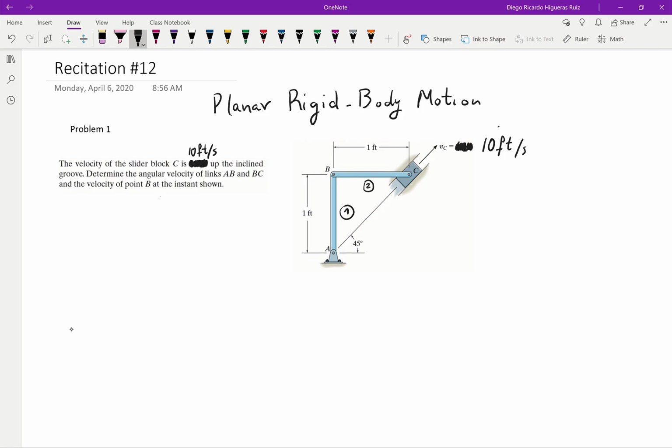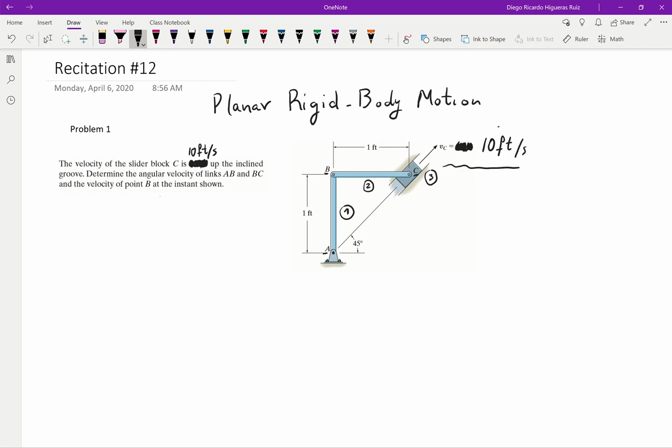The piston right here will be element 3, and we're going to call the pin positions A, B, and C. For problem number 1, the velocity of the slider block C is 10 feet per second. That's given right here, and it's also given the direction of that velocity.